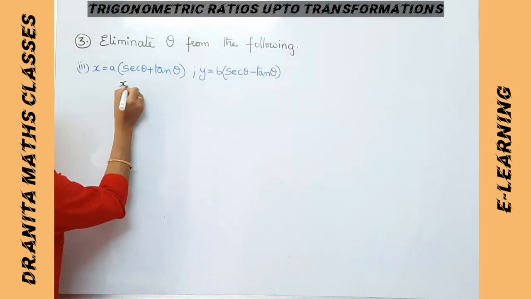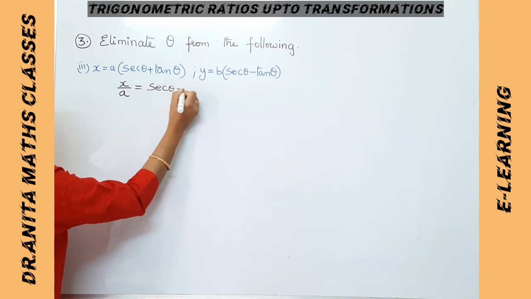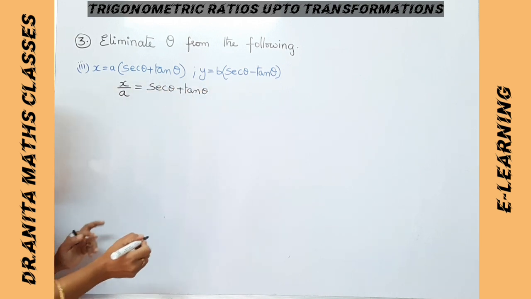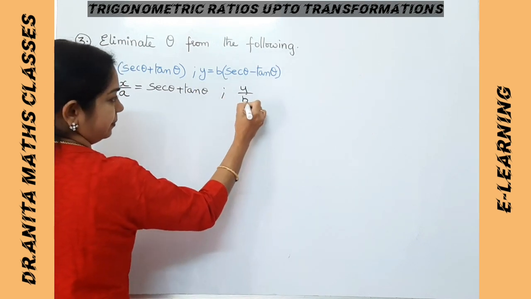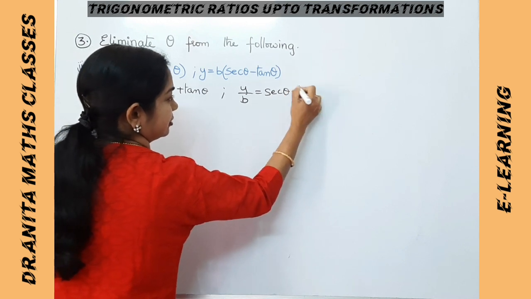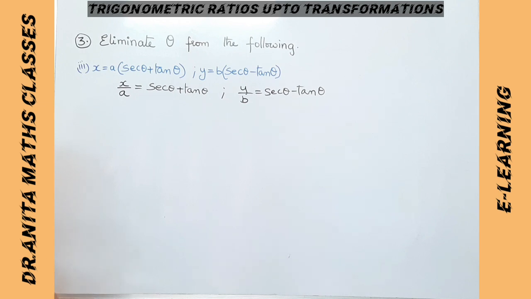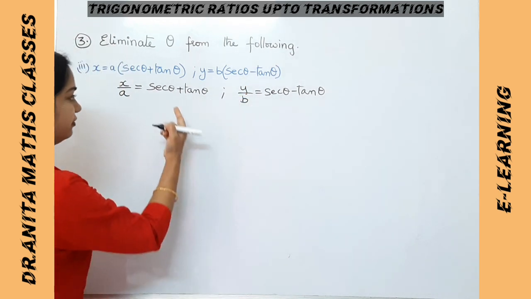Now again, in a similar way, x by a is equal to secant theta plus tan theta. This is the third bit, the third problem, right? The same thing, y divided by b is equal to secant theta minus tan theta. The trigonometric identity involving secant and tan is secant square minus tan square, and that we will use.